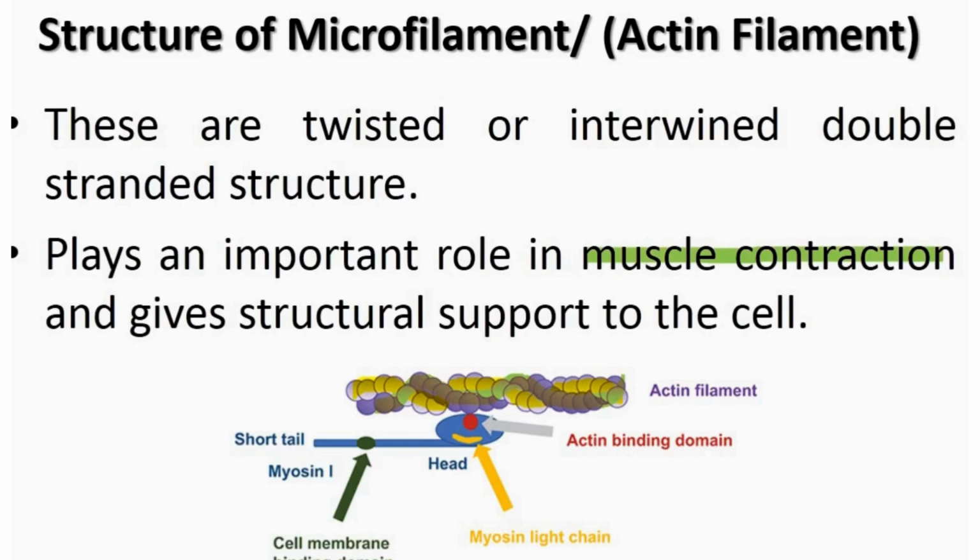I would like to brief you that whatever we are studying currently in terms of microfilament, that is actin, most of the research took place from muscles way back in the 1940s.